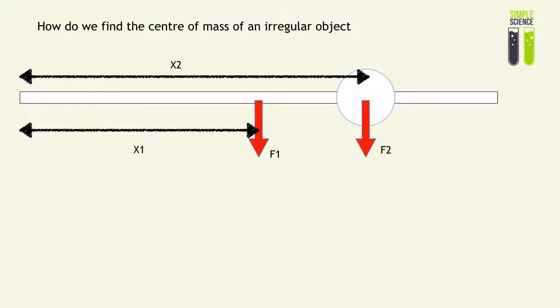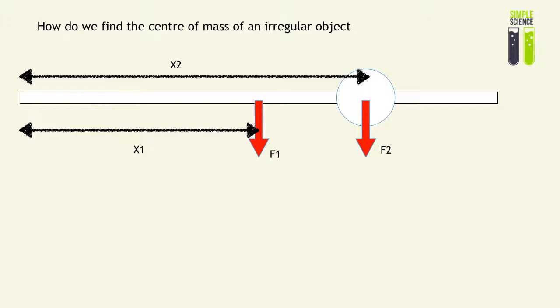So remember, let me tell you, in this picture we're having a circular mass acting on a uniform rod. So it's literally placed on the rod. The weight of the circular mass is F2, and the weight of the uniform rod is F1.